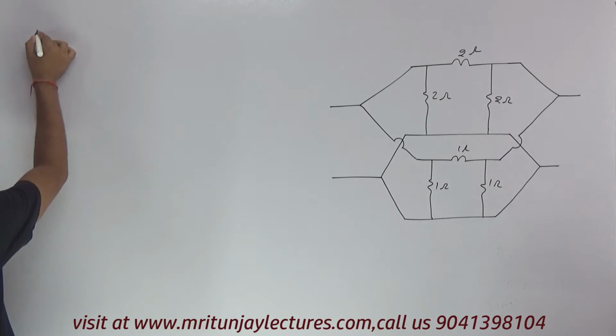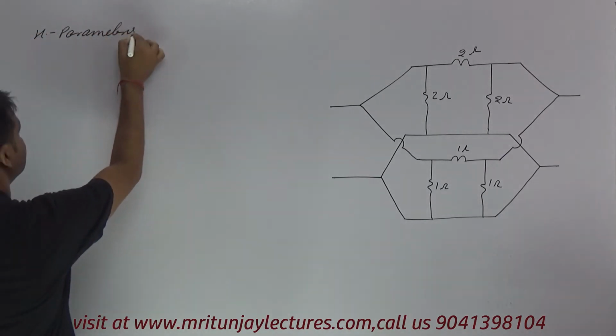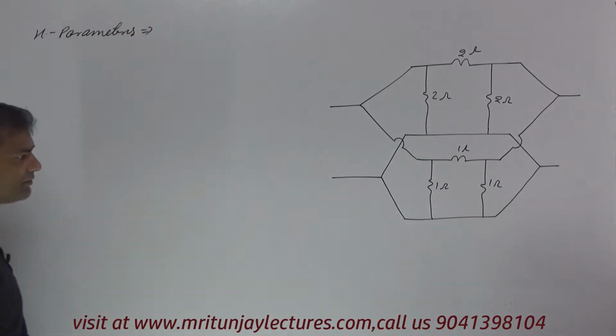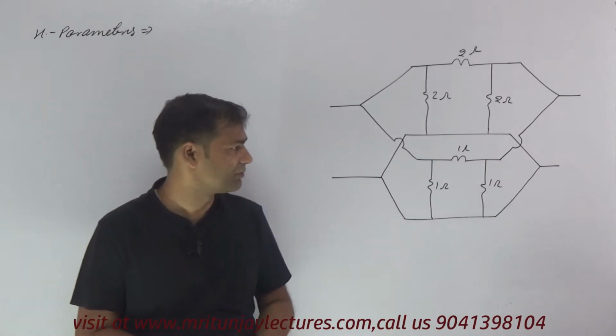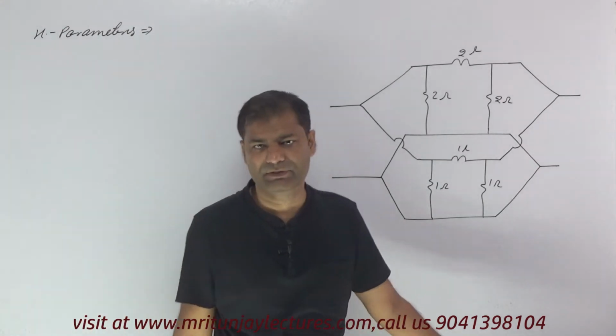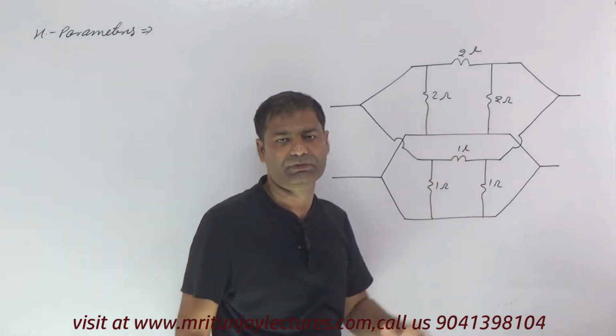How to determine the H parameter? So first of all we check our motto. What is our motto? Our motto is to determine the H parameter. How to determine? First of all, there are two networks, corresponding to this one and this one.